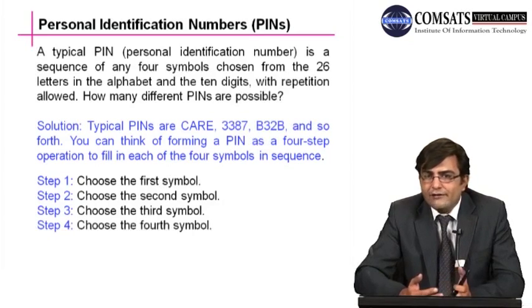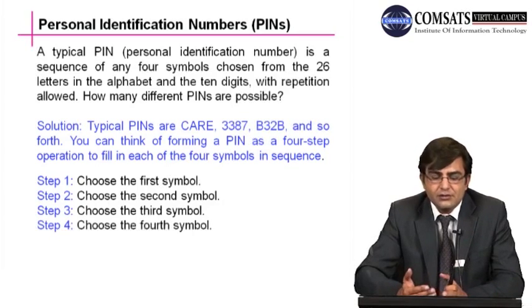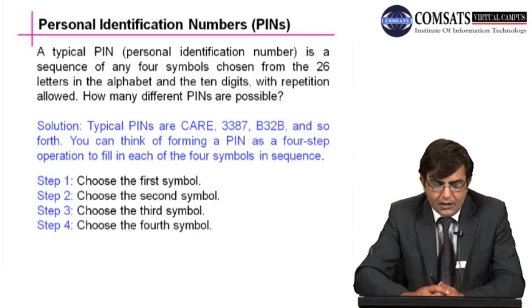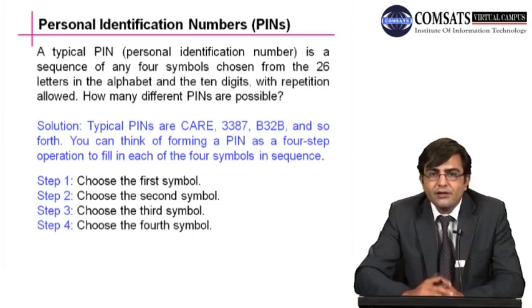At the second step, you again have 36 symbols, out of which you can choose the second symbol. Similarly, at the third step, you have 36 characters, out of which you can choose the third symbol of your PIN. And at the fourth or last step, you again have 36 possibilities, because repetition is allowed here.